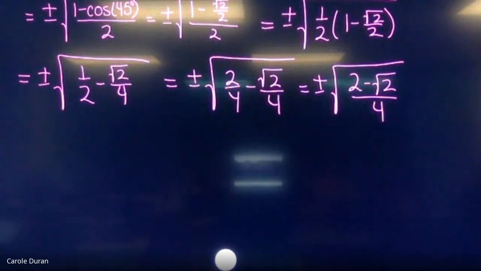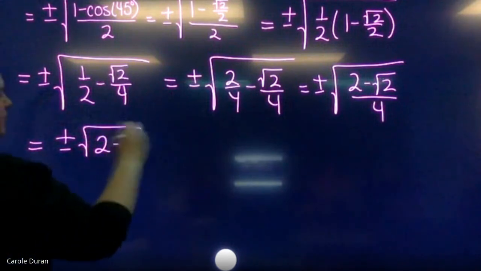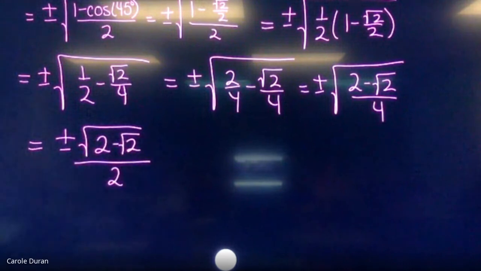My last step then is to simplify this by seeing if I can take a perfect square out of this. Yes or no? I'm hearing yeses and nos. The 4. My denominator is a perfect square. So then this is equivalent to the positive and negative square root of 2 minus the square root of 2 all over 2, where 2 is not under the square root anymore. Because I was able to take the square root of 4 and it was 2.